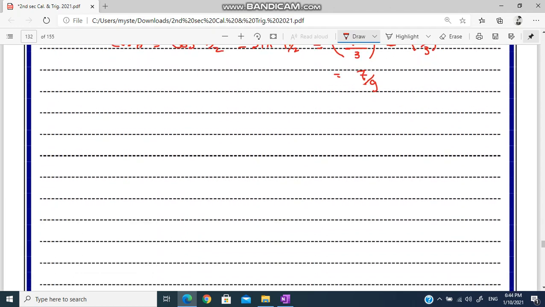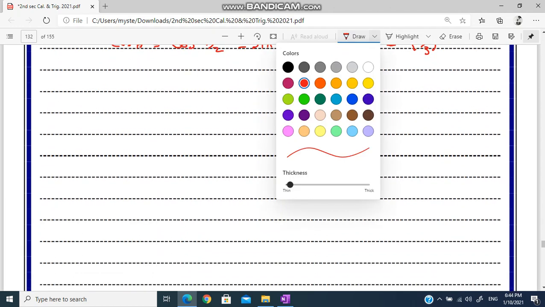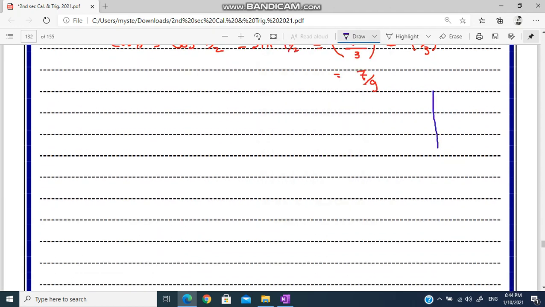The next one, in the second quadrant. So sine a over 2 is 1 over 3, we can draw it in the second quadrant because sine is positive in the second quadrant. So this is a over 2, and the opposite will be 1, the hypotenuse will be 3, and the adjacent here will be negative 2 root 2.